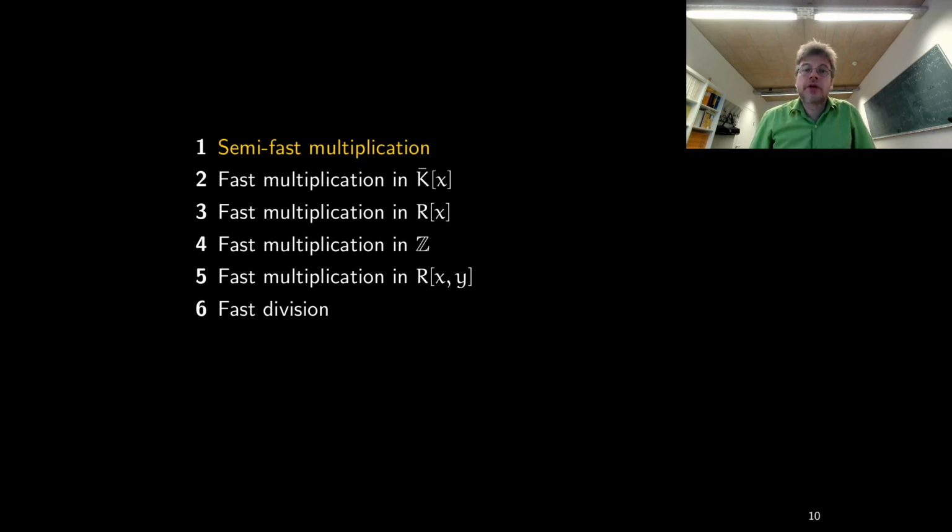And we saw that choosing k large enough but fixed, we can get an arbitrarily fast multiplication algorithm, in the sense that it has a computational complexity n to the something where the exponent can be made arbitrarily close to 1, which is the optimum because the input size is n.